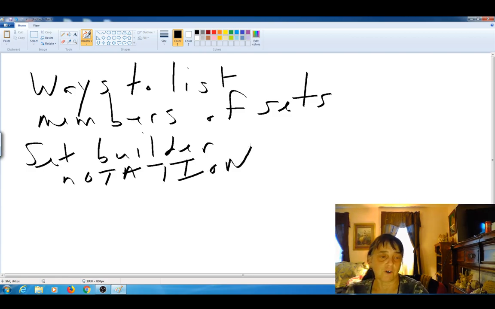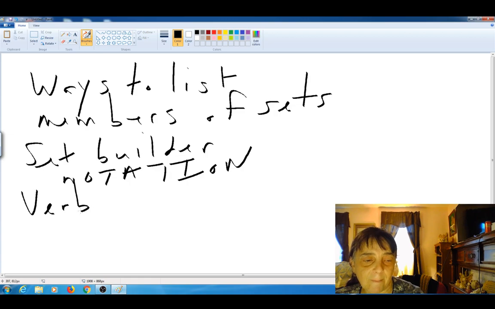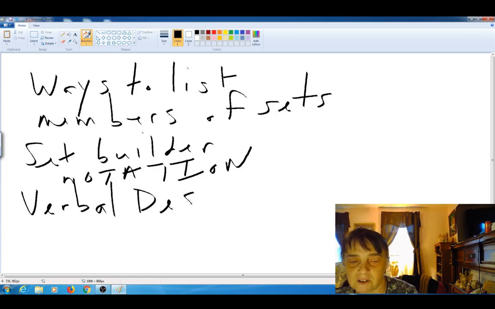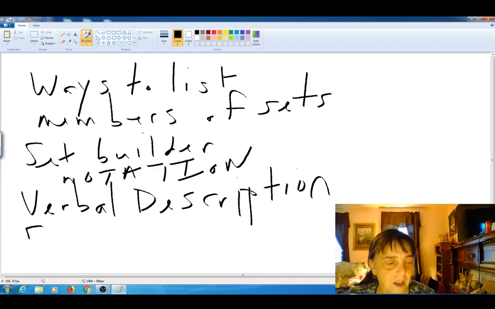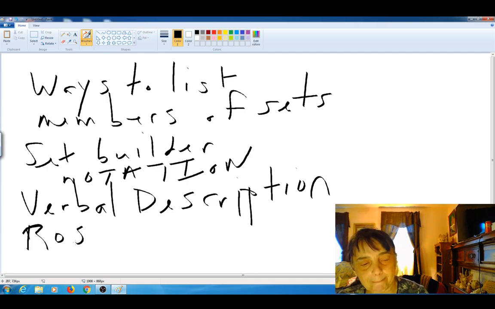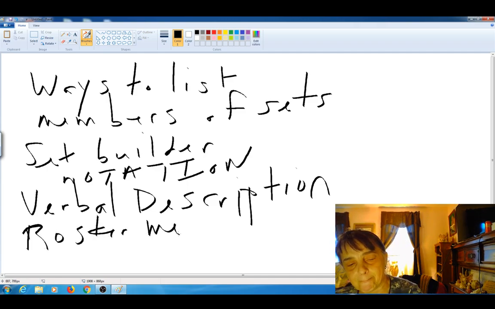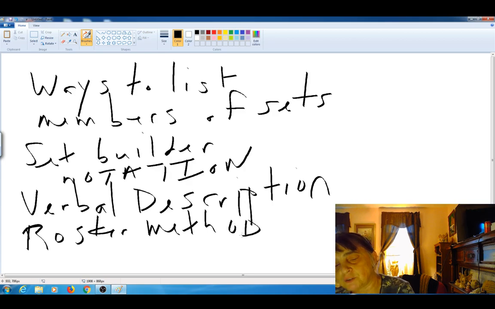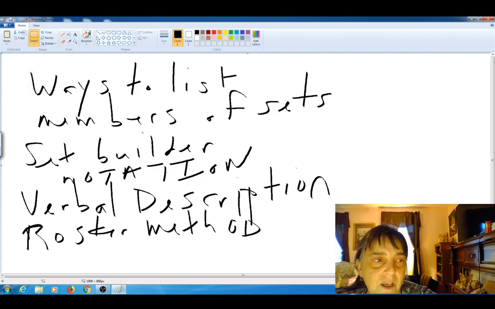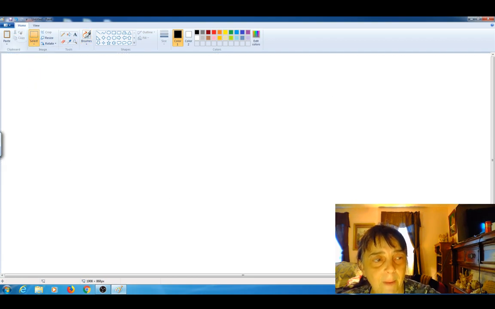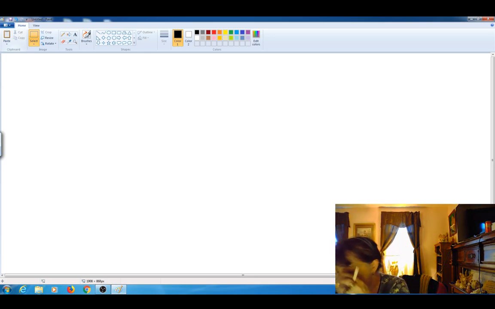Another way is verbal description. And then the roster method. The roster method is the method that's most common. The roster method is just simply listing elements of sets with commas between them and braces enclosing each set.